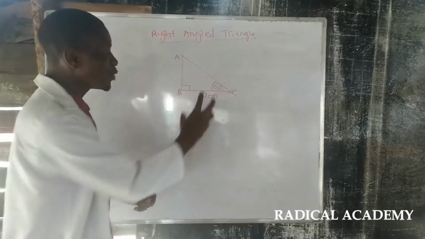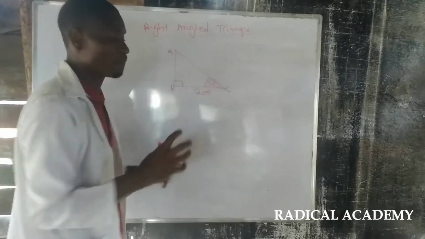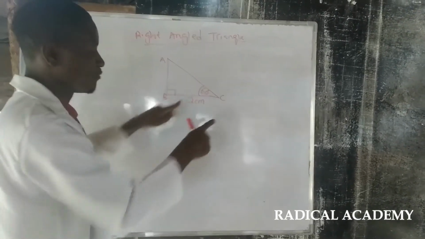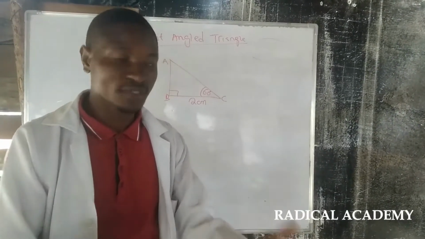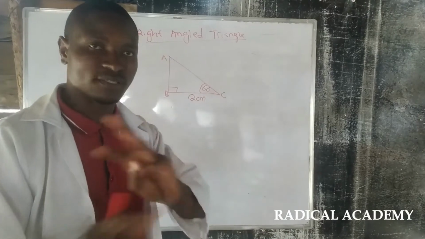You can see on the board that the diagram I've drawn is a triangle, and I'm sure each one of us knows that a triangle has three sides.